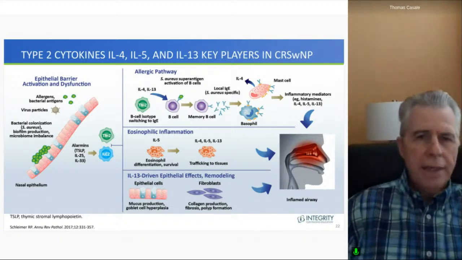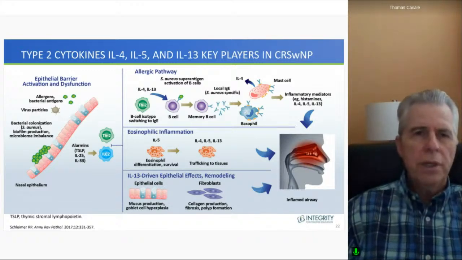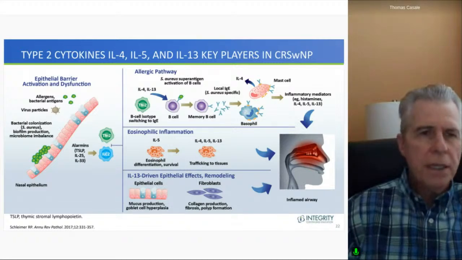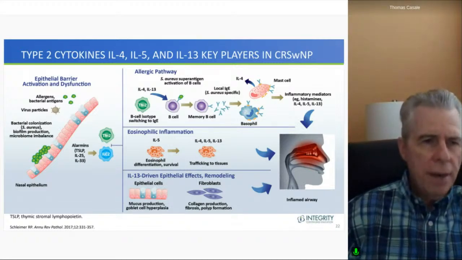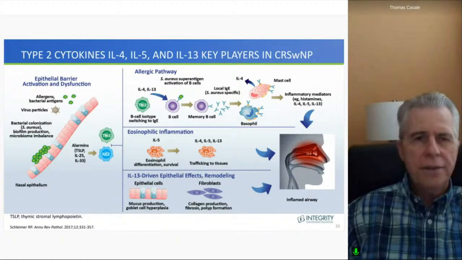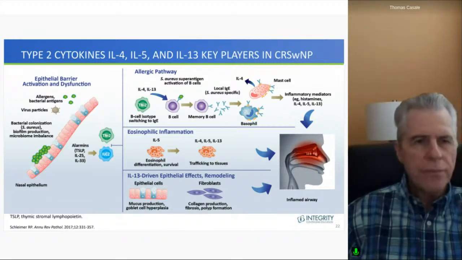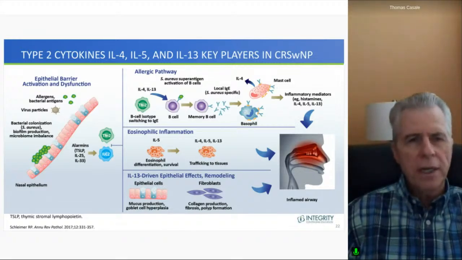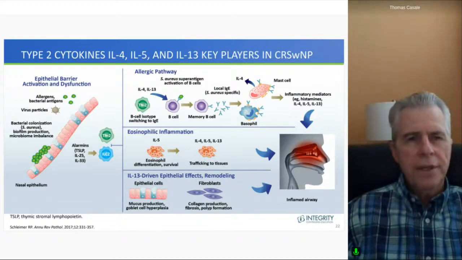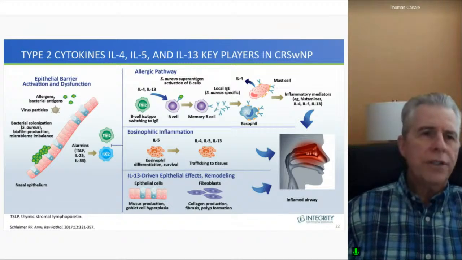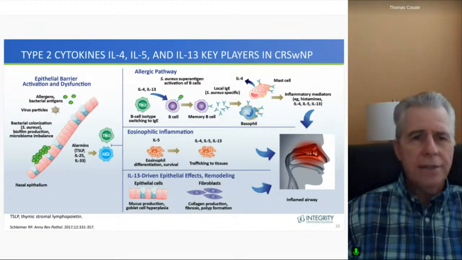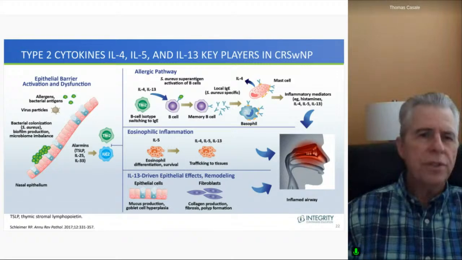Now, looking at the Th2 phenotype in a little bit more depth, you could see that there are certain mediators, cells, and cytokines clearly important. There are a number of things that can affect the nasal epithelium or the lower airway epithelium, which can activate those cells to produce other mediators that are important.